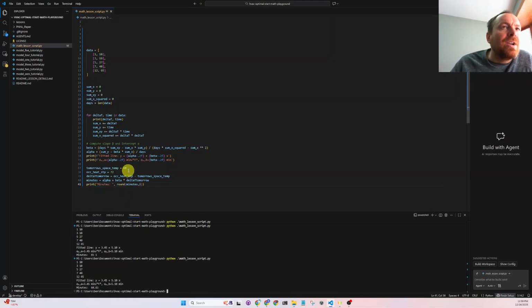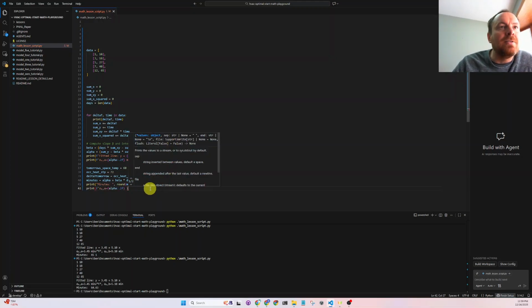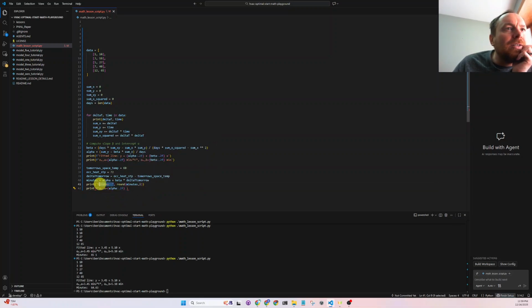Now the way that we could write this is in this kind of notation, where it uses an F string in Python. That's a fancier, more modern, the pro way of making print statements, using F string, which I think stands for Fortran string. Okay, so minutes, I'm just gonna make this look a little better.